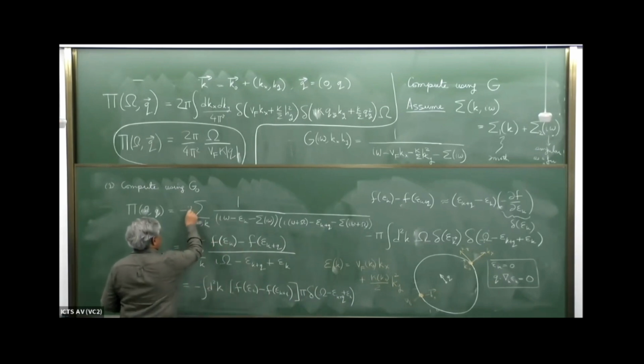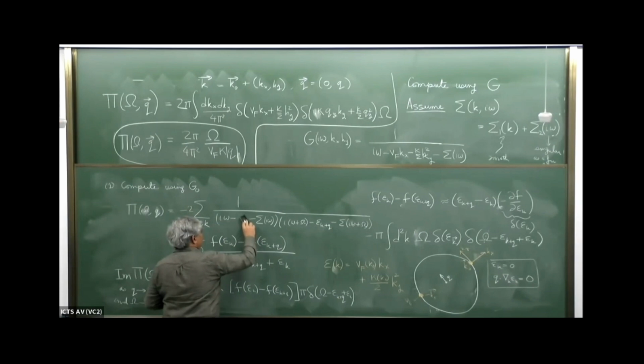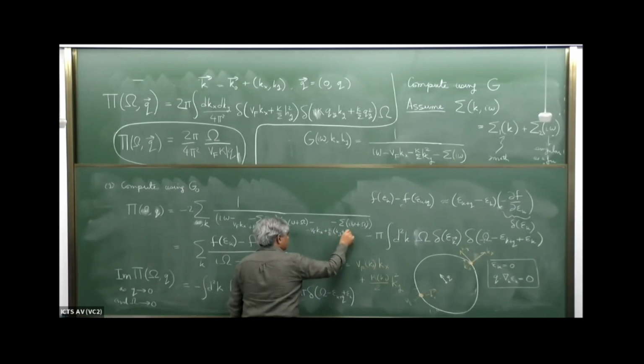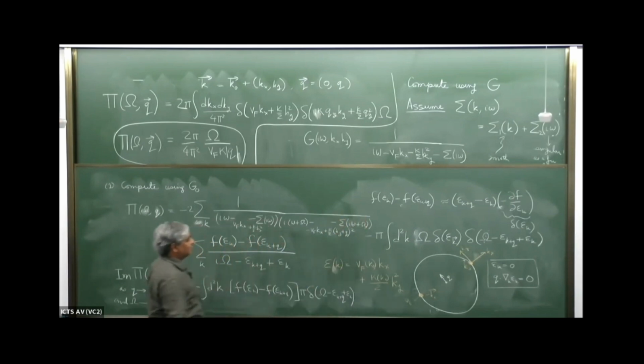So I'll put a factor of 2 here and expand this: minus v_F times (k_x plus kappa over 2 k_y squared), and similarly here, minus v_F times (k_x plus kappa over 2 (k_y plus q) squared). Remember, I chose k0 to be orthogonal to q.